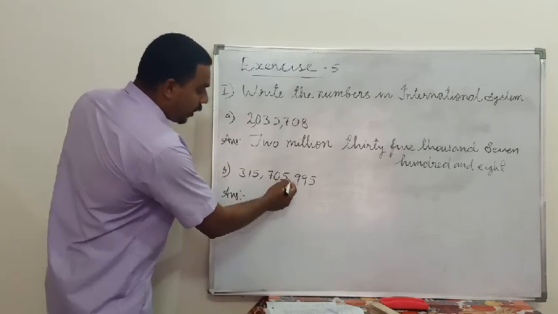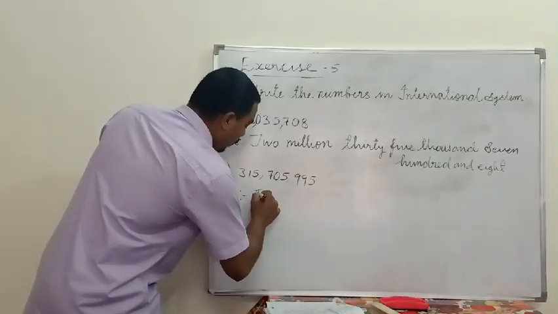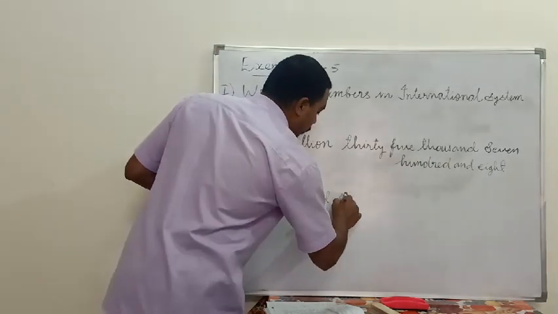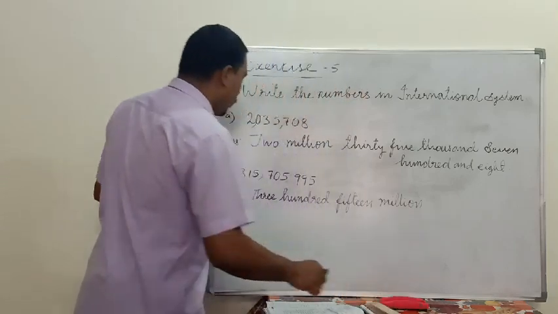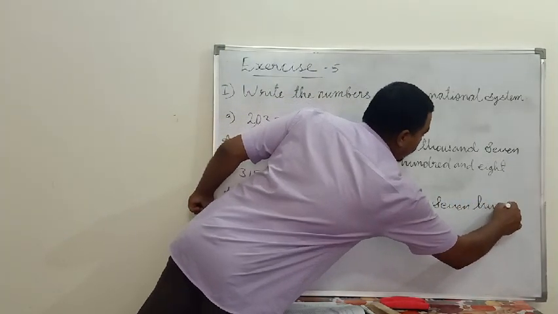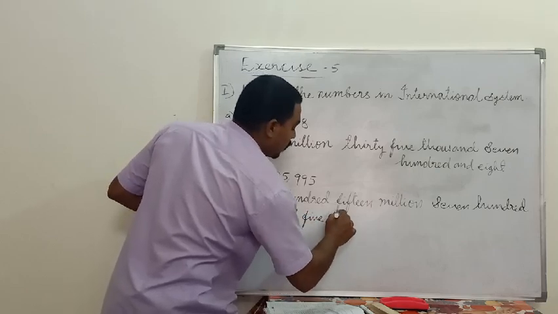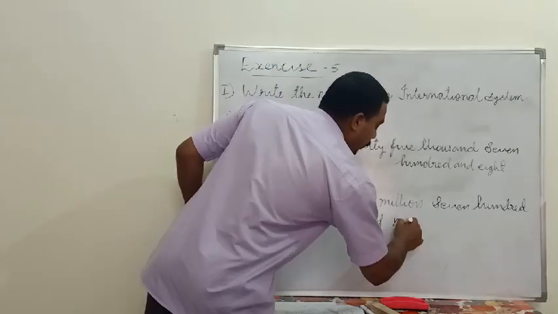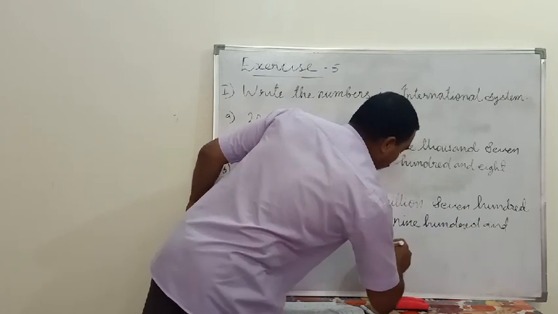It is very easy because I have already divided it with commas. So 315 million, 705,000 and 995.